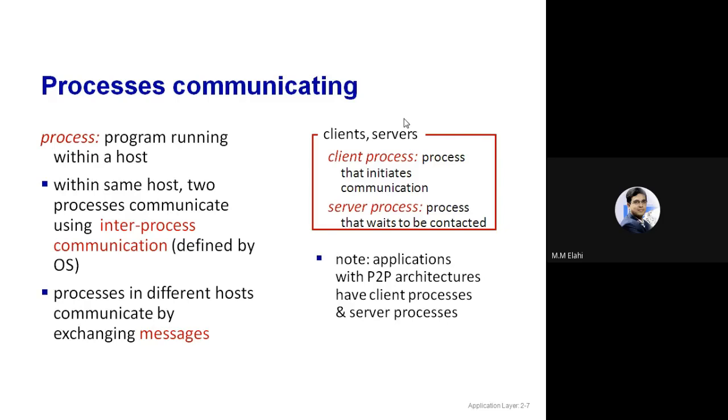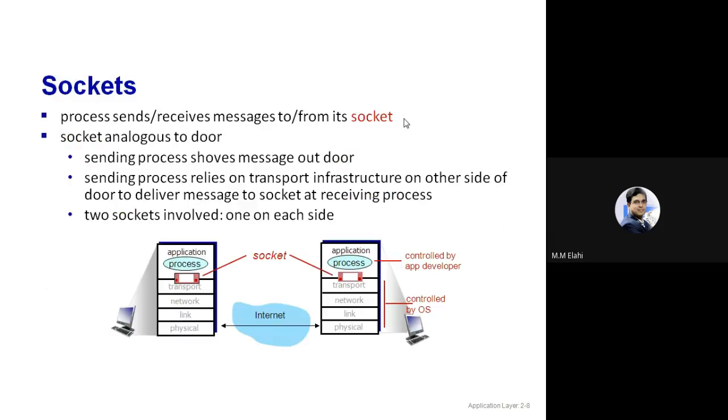Similarly, two processes in two different machines communicate using messages. One process, the client process, initiates the communication, and another, the server process, is started first and then waits to be contacted by the clients. This is common for all types of communication in networking.